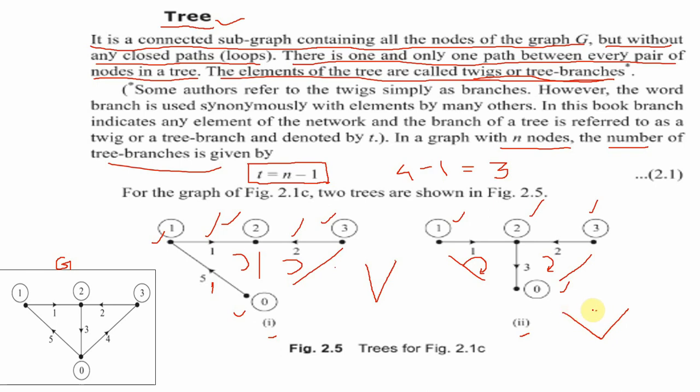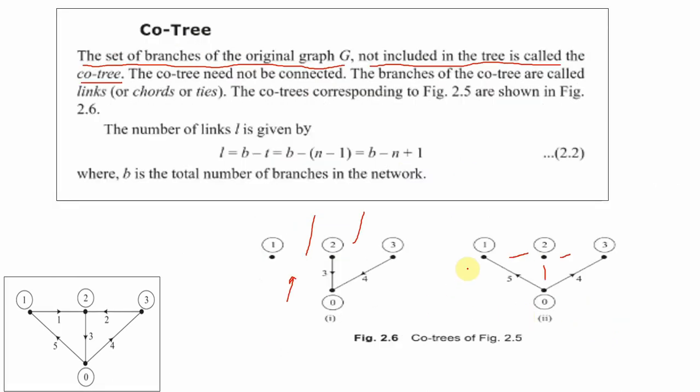That is called the core tree. So the branches which are absent in a tree are called the core tree. The core tree need not be connected. The branches of the core tree are called links.